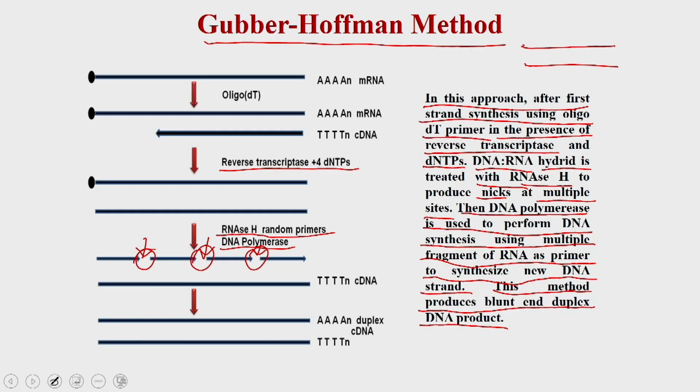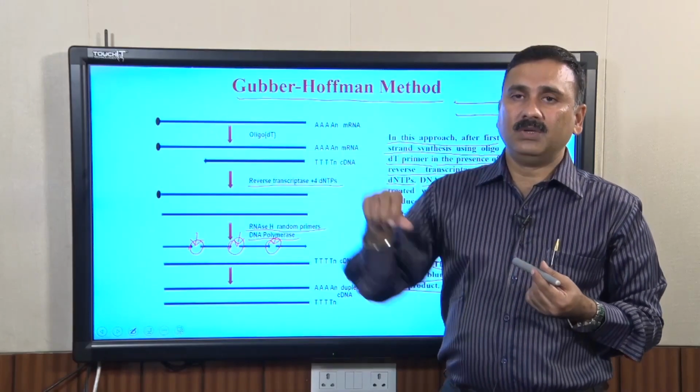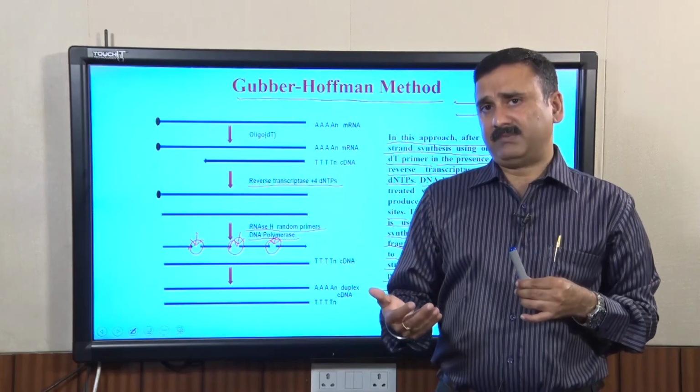So if you use this method, you have to use either restriction digestion, or the adapter molecules, or the linker molecules to put this DNA into the cloning vectors to prepare the cDNA library.